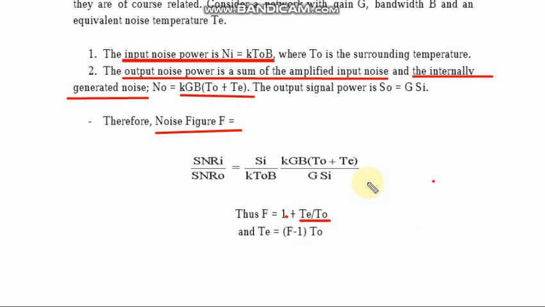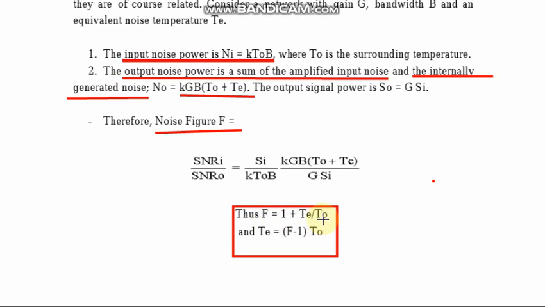Okay, so use pen, pencil and paper and solve it. Then finally you will get the complete formula for noise factor and equivalent noise temperature. Noise factor F is equal to 1 plus TE by T0.